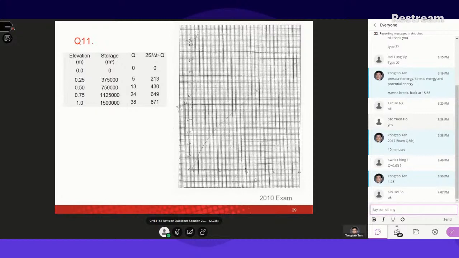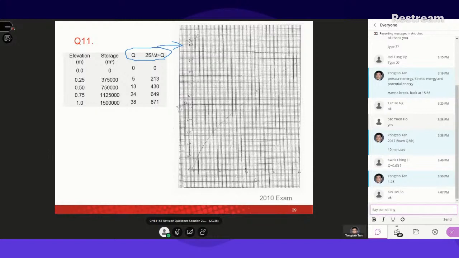Because we can draw it in a graph. We draw the relation between Q and 2S over delta T plus Q on graph paper. You can see that it's a nonlinear relation.